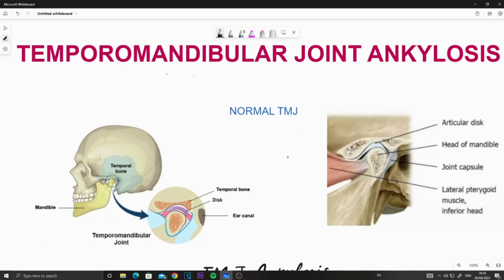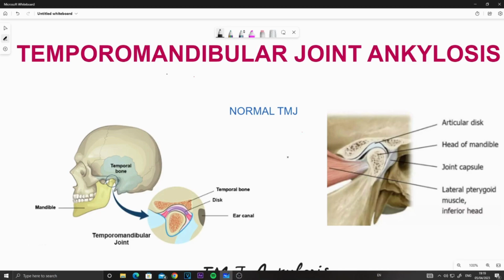I'm going to start with the temporomandibular joint diseases. It would be a thread which would include a series of videos which will give you an idea of different temporomandibular joint diseases.